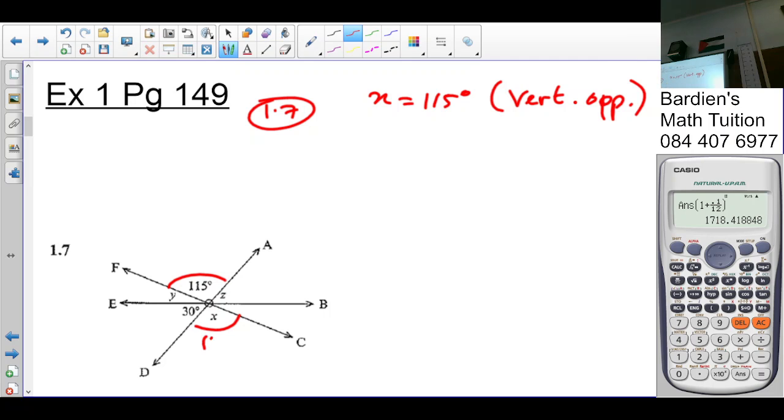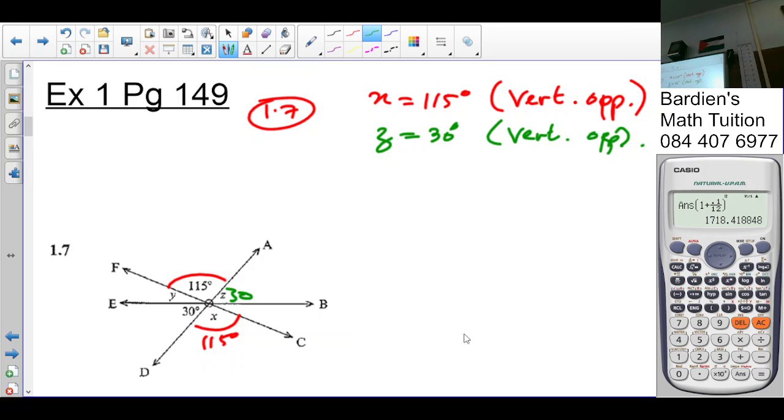So put 115 here. What can we calculate now? z, yes. z is vertically opposite, it's 30. Why could I calculate it? They tell you in alphabetical order.